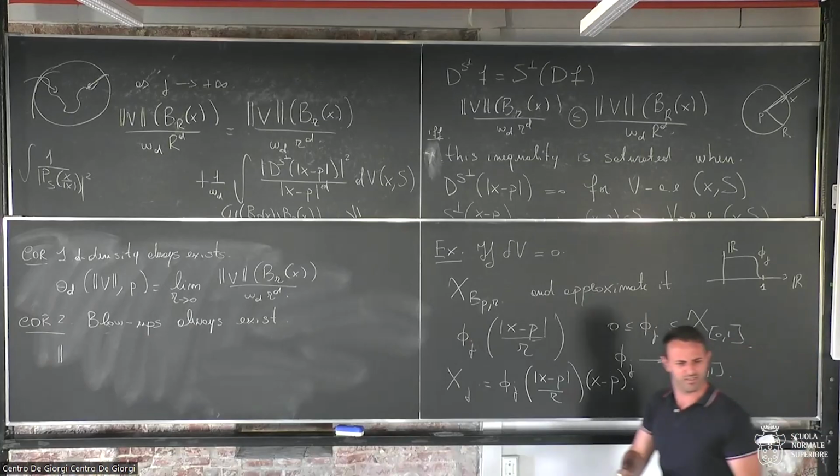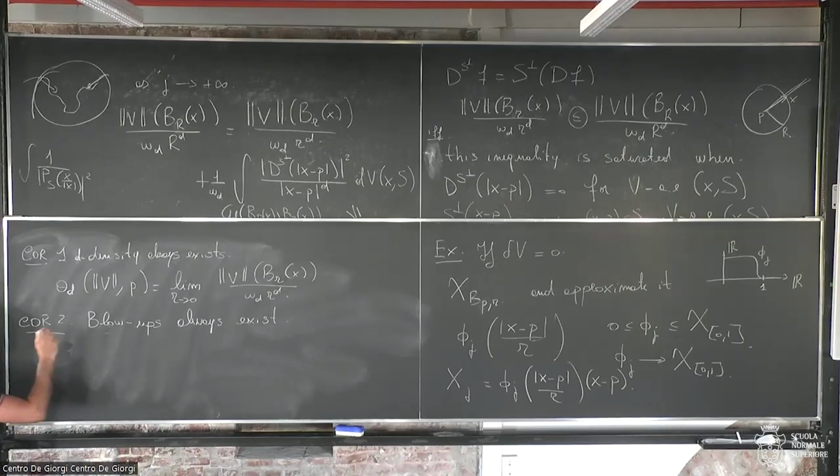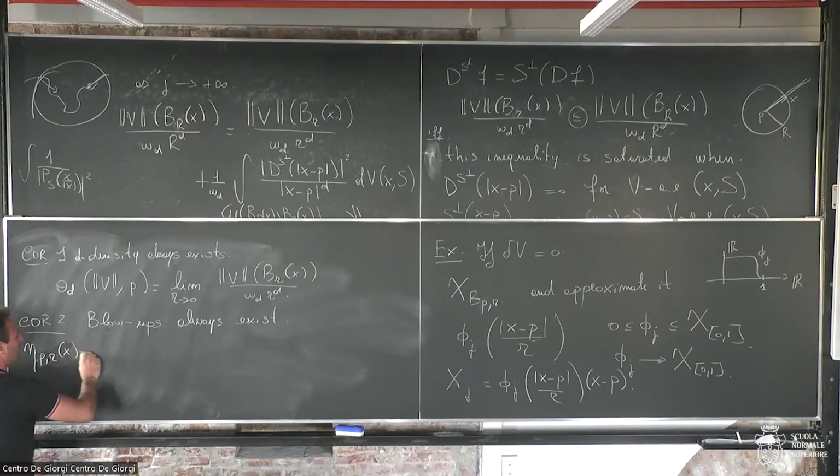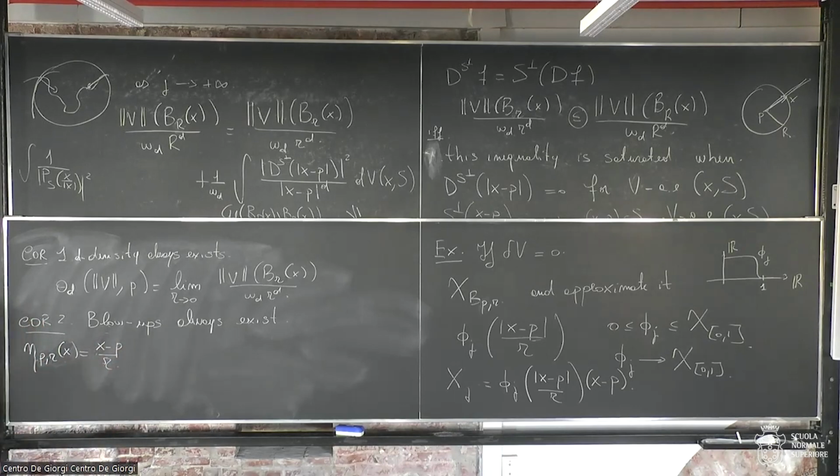I think so, right? I don't know if I introduced already the notation. Let's fix this notation throughout the course: eta P R of X equals X minus P divided by R. This is always the dilation map.